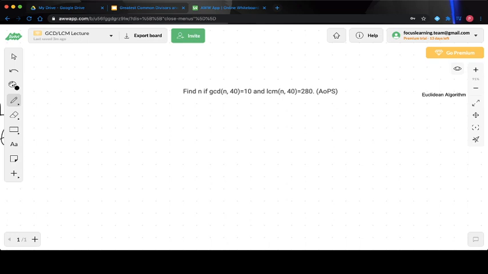So we have that GCD of n and 40 times the LCM of n and 40 equals 40n.